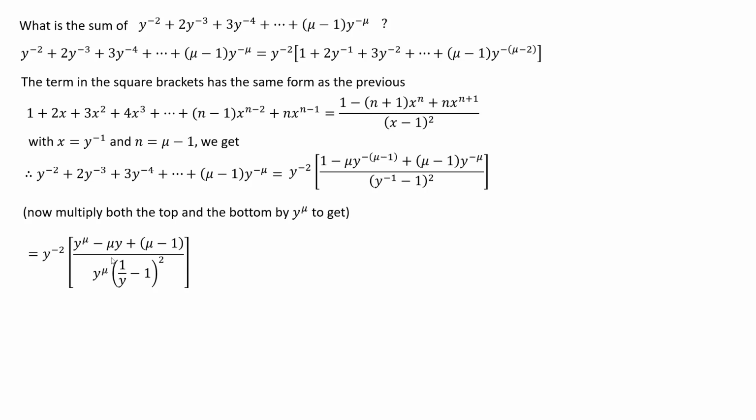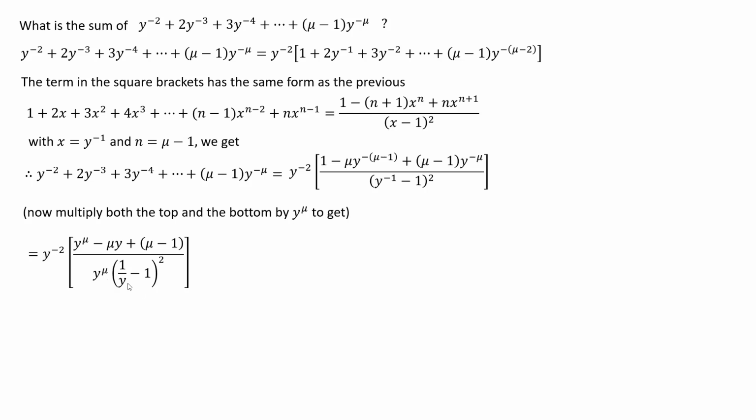This part, the 1 over y minus 1. If I did the subtraction, would you agree you would get 1 minus y all over y? 1 minus y on the top over y in the bottom? Cool.